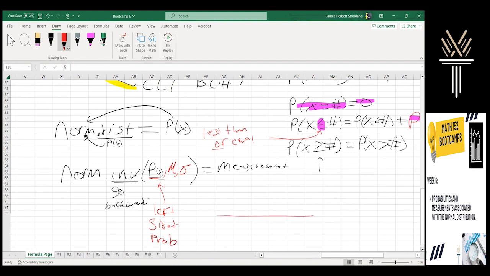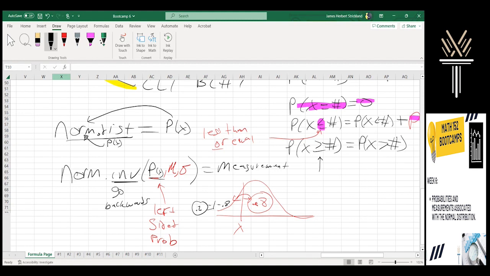So whenever they give you a probability, like maybe they'll give us 0.8 here, and this is my measurement, notice 0.8 is to the right of the measurement. We want the left side. And so that will just be 1 minus 0.8, aka the complement, to get the probability we need to plug in. And we'll see this in action today. Just want to give us the background of how all this works.